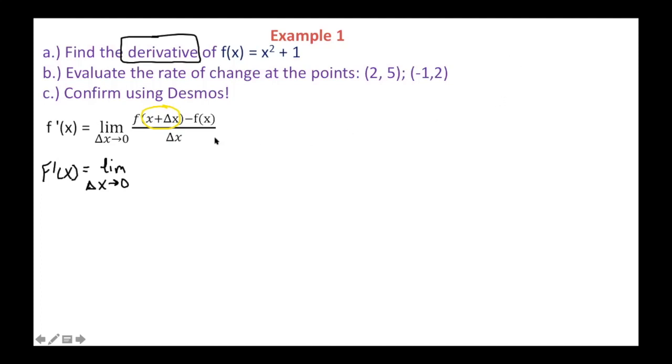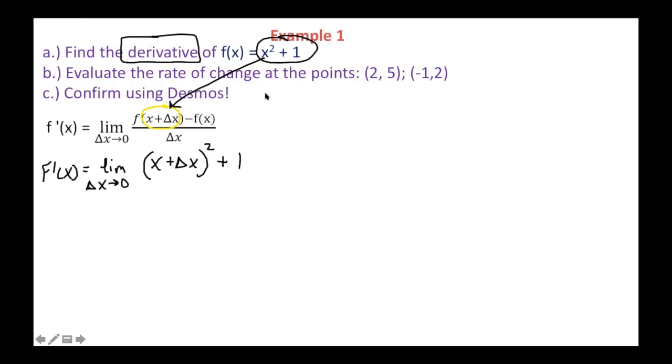If we take our function x squared plus 1, I have to plug this into it. So I have (x plus delta x) squared. I'm plugging this expression that I roped in yellow into x. It's getting squared. And I'm still adding plus 1 because that was part of my function.